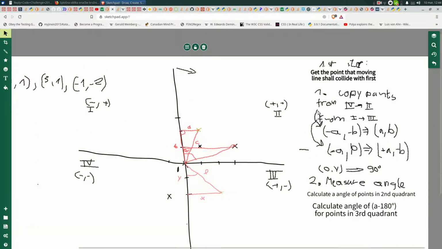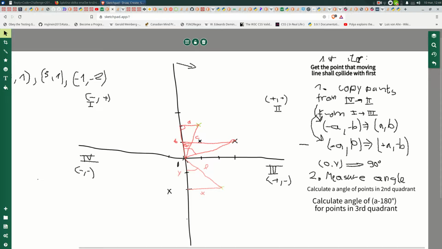At this point, you say get the point that the moving line shall collide with first.